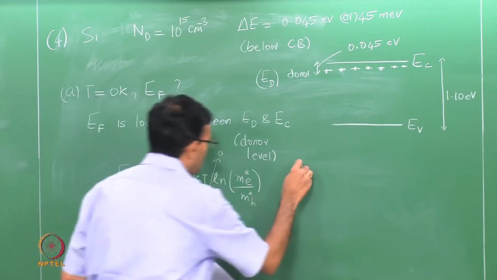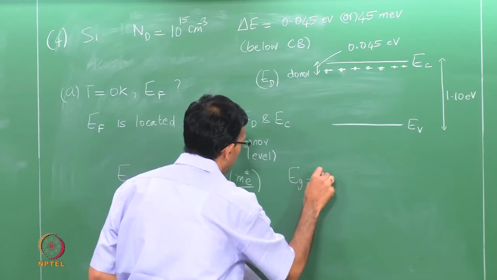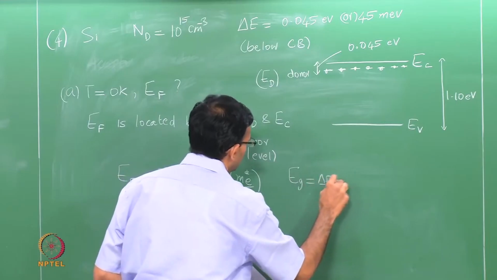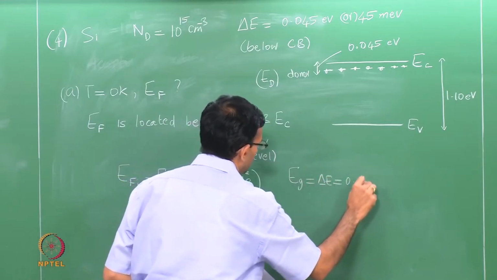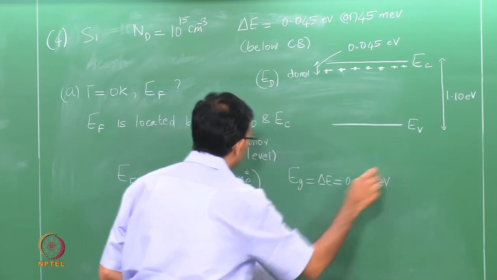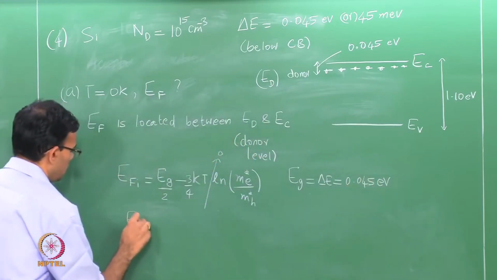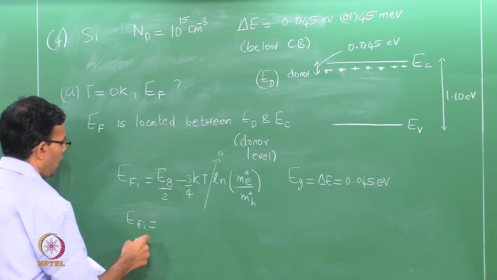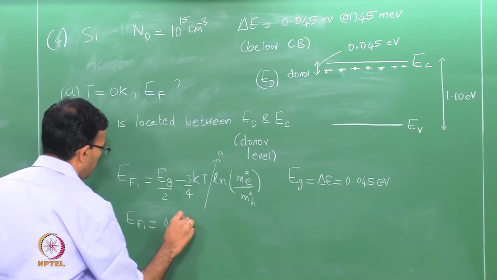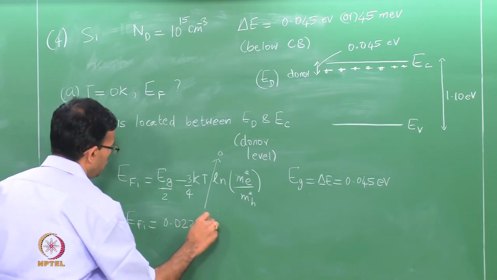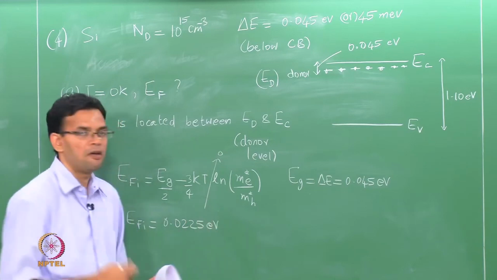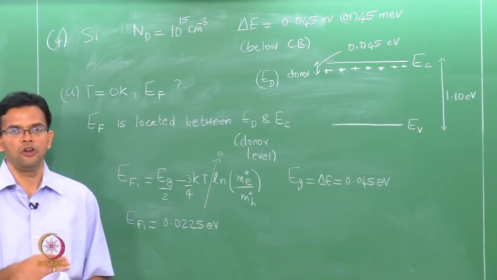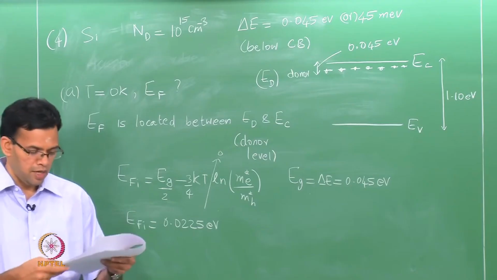Eg is nothing but delta E, which is 0.045 electron volts. So, EFi is half of that, so 0.0225 electron volts, or right in the middle of the donor level and the conduction band.